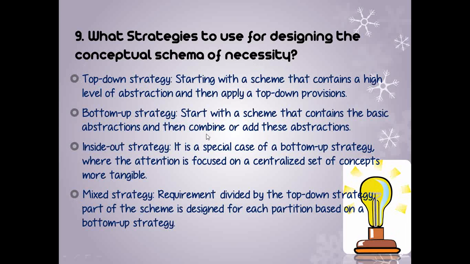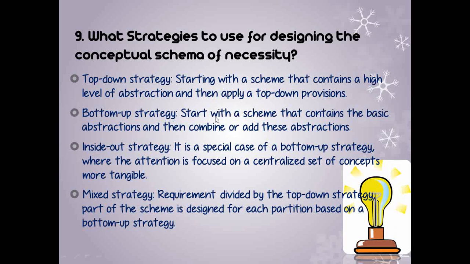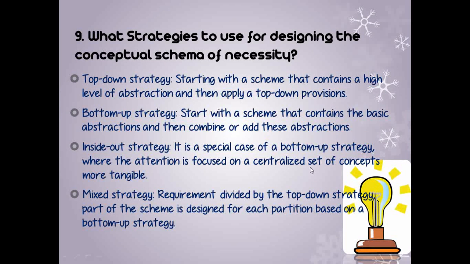Top-down strategy starts with a schema that contains a high level of abstraction and then applies top-down refinements. Bottom-up starts with a schema that contains the basic abstractions and then combines or adds to these abstractions. So we can see the difference between high level and basic level. And the third, inside-out strategy, is a special case of the bottom-up strategy where the attention is focused on a central set of concepts that are more tangible.